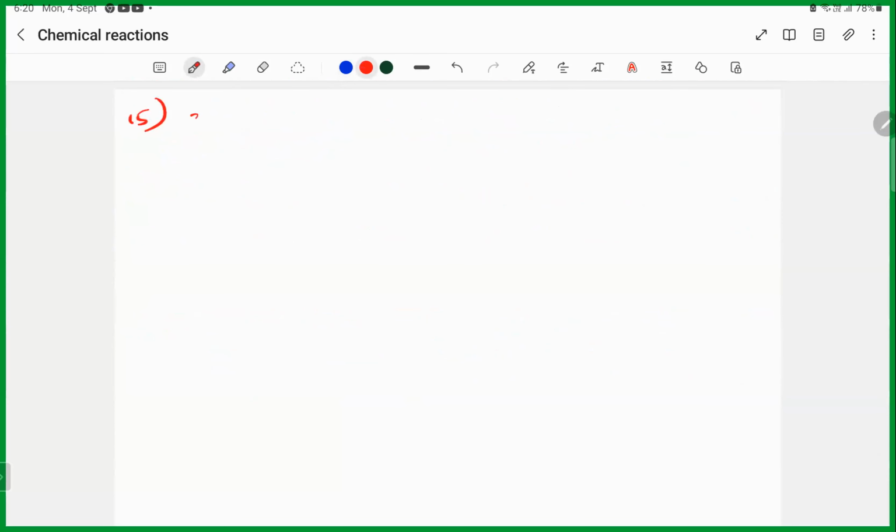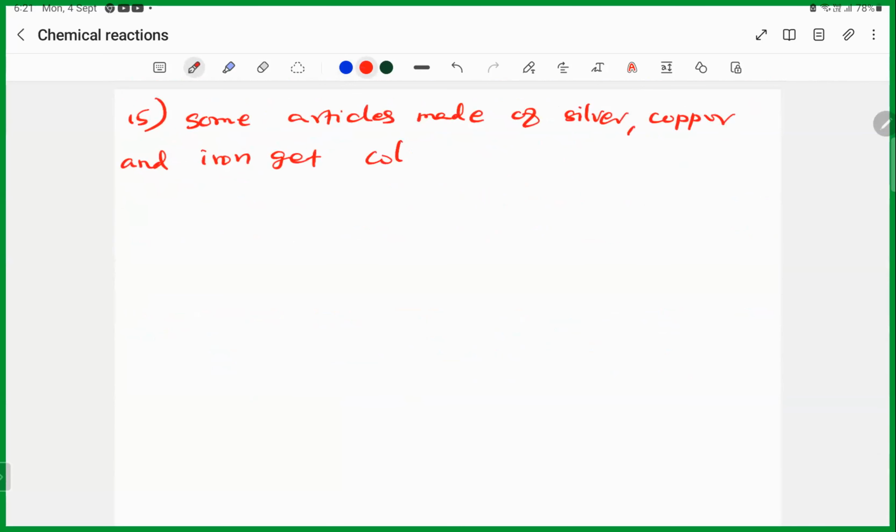Some articles made of silver, copper, and iron get a colored coating over them when they are exposed to air.